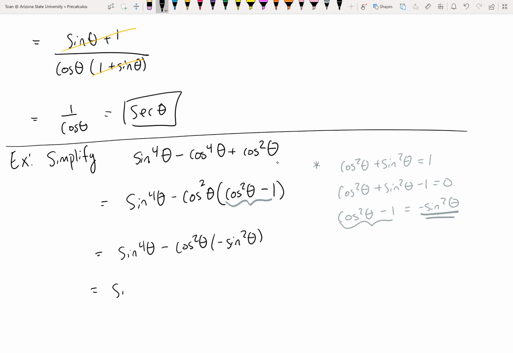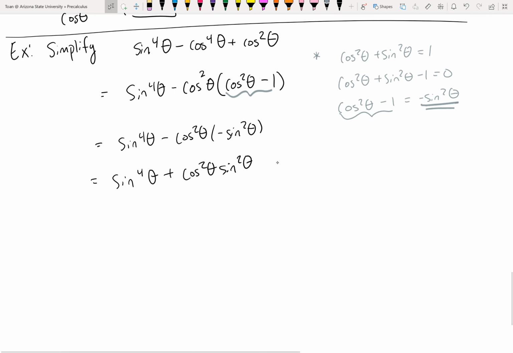So that is sine to the 4th theta plus cosine squared theta sine squared theta, because a negative times a negative is positive. And it looks like we're stuck again. Well, we'll do the same algebra trick, right? We should notice that these guys here both have a sine squared. So let's factor out a sine squared. That'll give us a sine squared plus cosine squared.